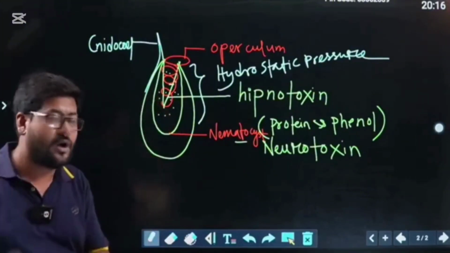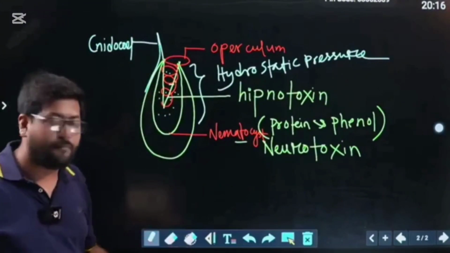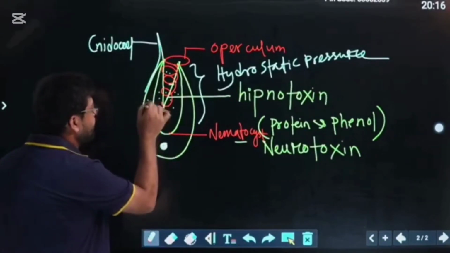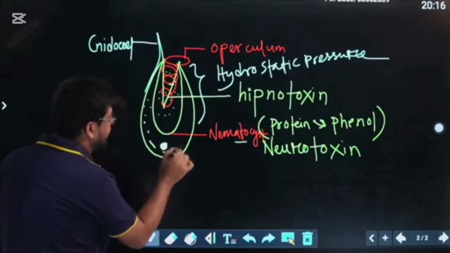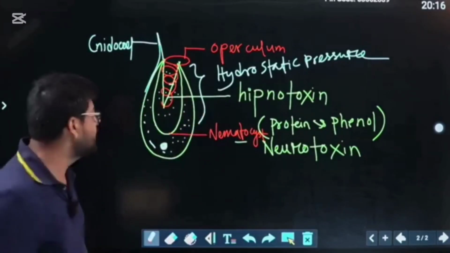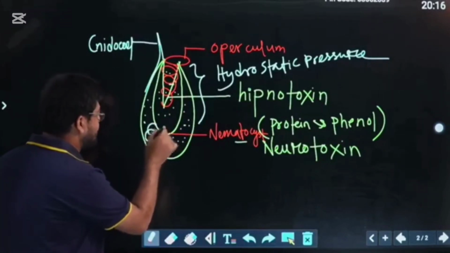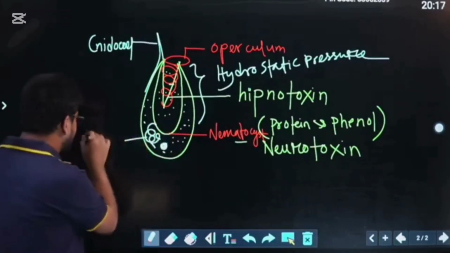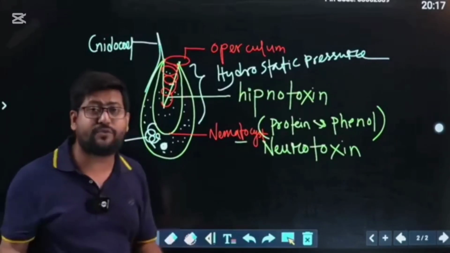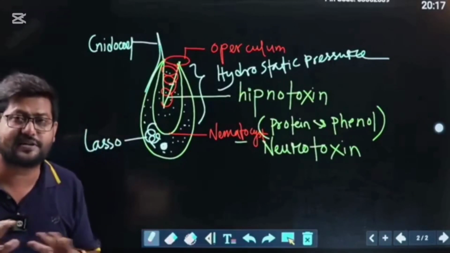You have to know that the structure is still incomplete, because I am telling you it is a cell. A cell contains a nucleus, and for being a living cell, it must contain cytoplasm, and in the cytoplasm there is a twisted part. It is called the lasso, and lasso means twisted, and it has an unknown function because its function is still not revealed.